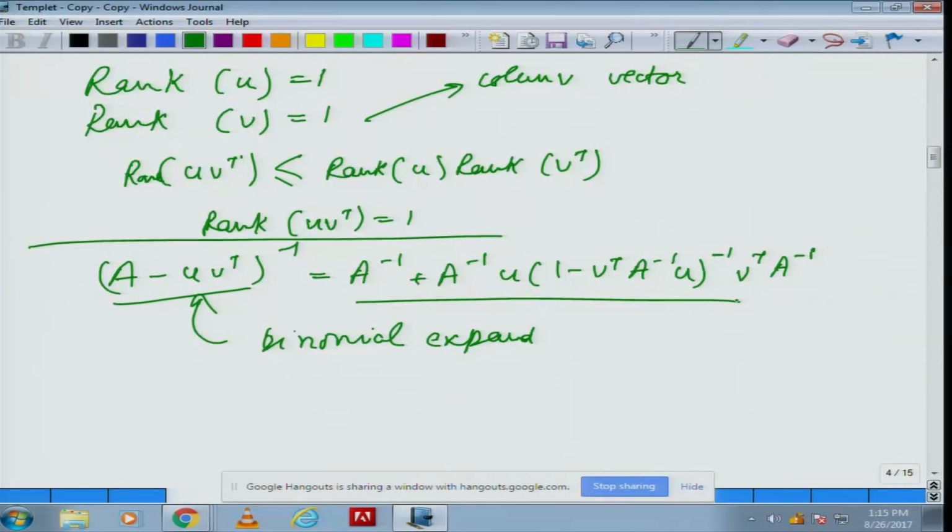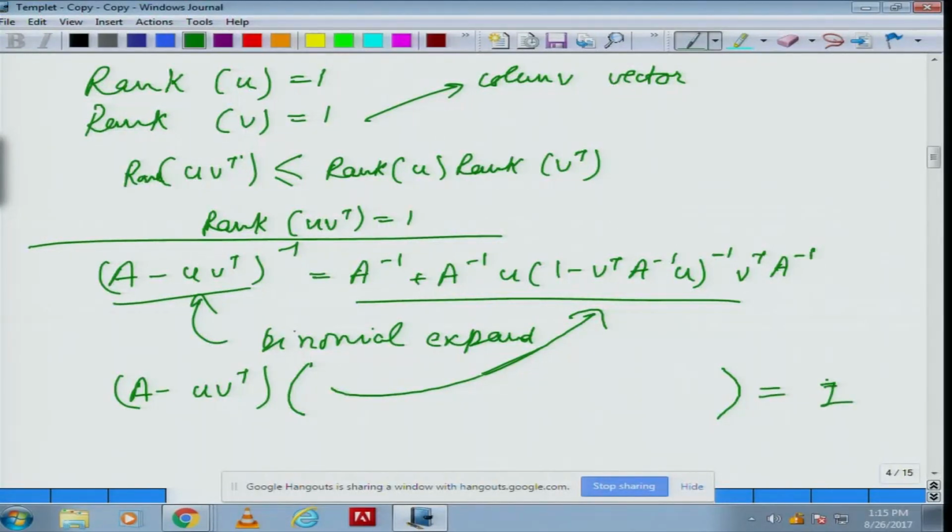You can simply multiply A minus uv transpose to this whole expression, and if this gives you an identity, then this is proved to be an inverse of this thing. So you just have to multiply these two terms and you will get an identity matrix, and hence you will prove it.